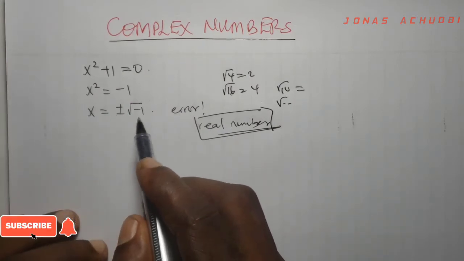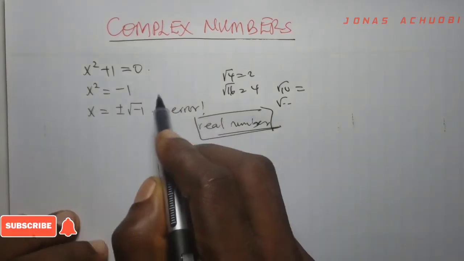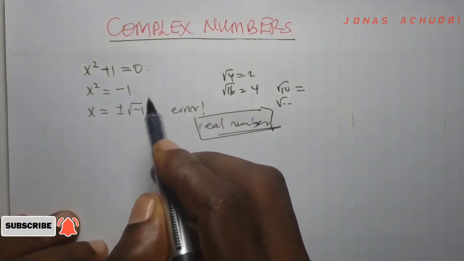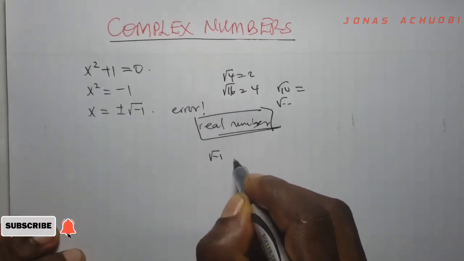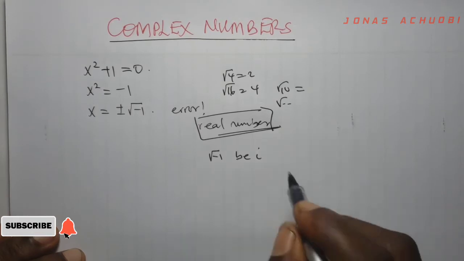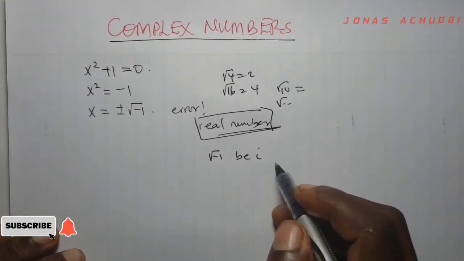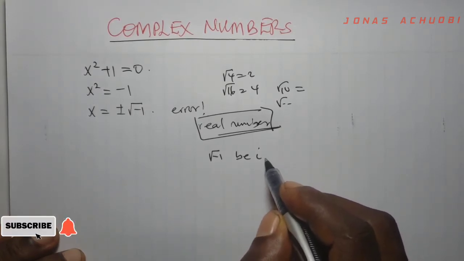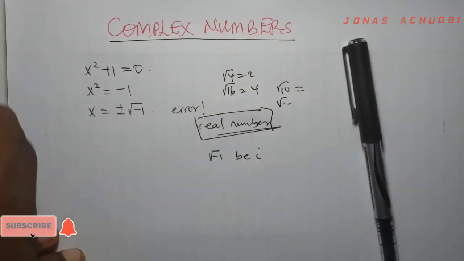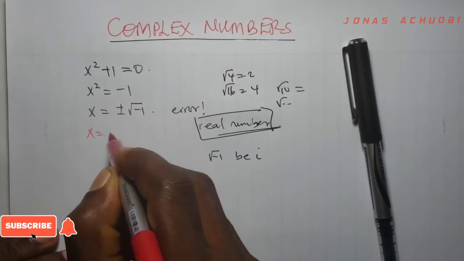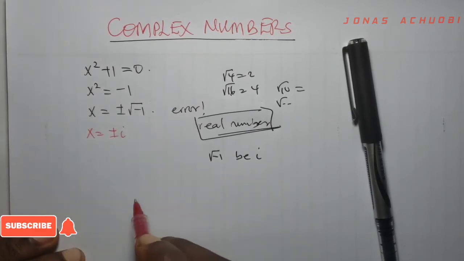So in order not to let this equation go unsolved, mathematicians now agree that we let the square root of minus 1 be the letter i. So that if the square root of minus 1 is i, then this equation will have a solution. It would mean that x is equal to plus or minus i.